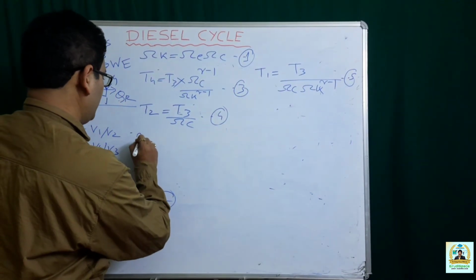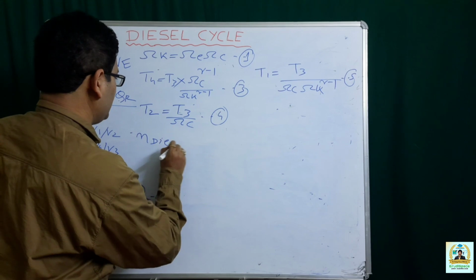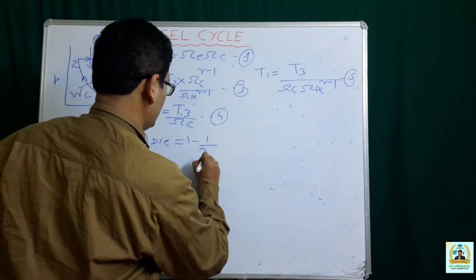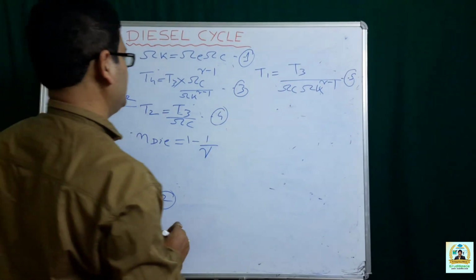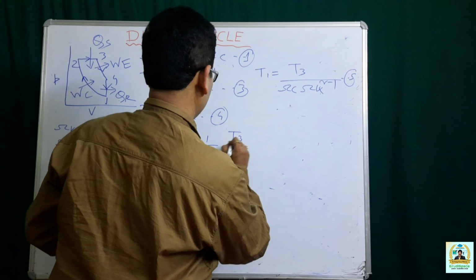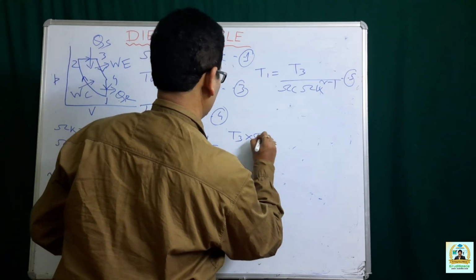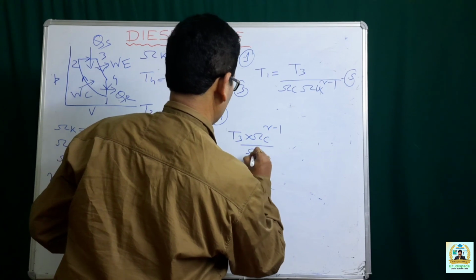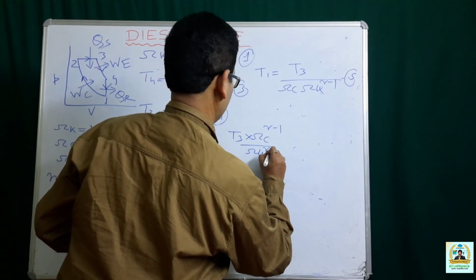Now the efficiency is equal to 1 minus 1 by gamma into, for T4 this is T3 into Rc to the power gamma minus 1 by Rk to the power gamma minus 1.